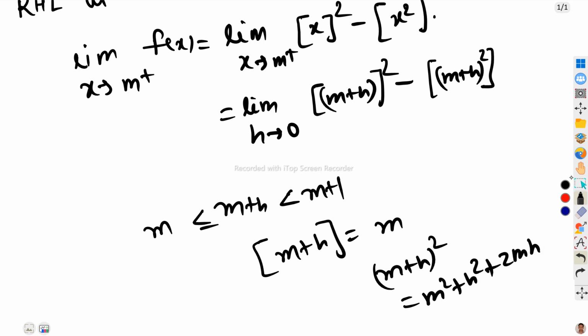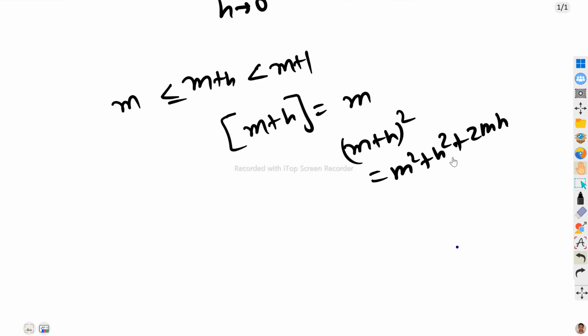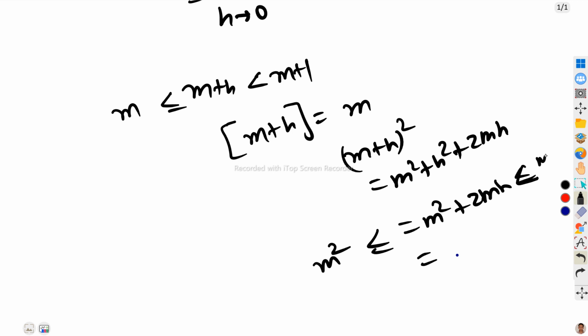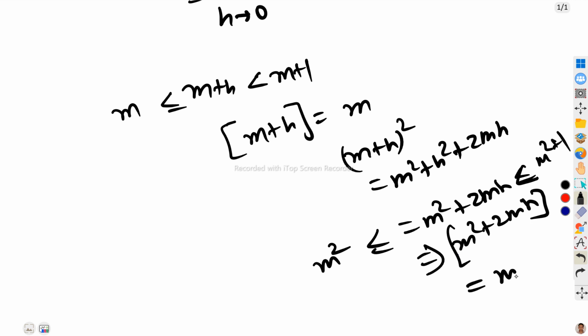Since h tends to 0, h is very small, so this equals m square plus 2mh. This lies between m square and m square plus 1. So the bracket of m square plus 2mh equals m square.